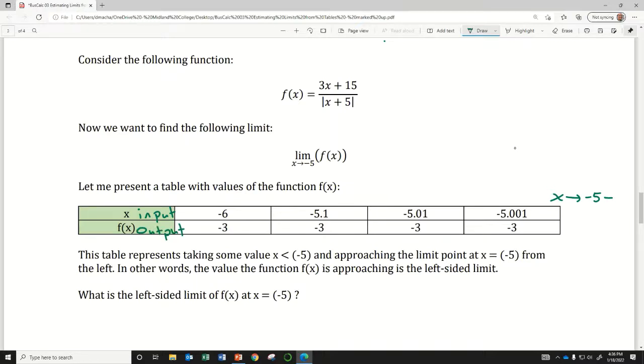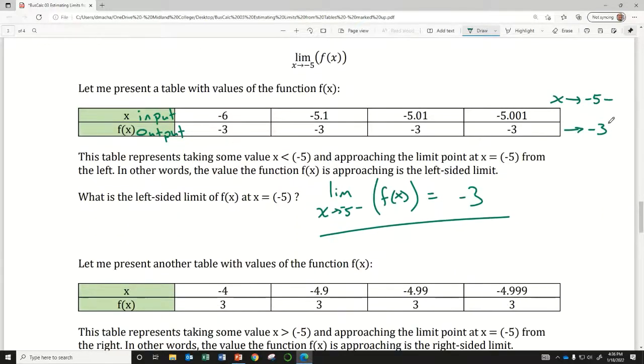Well, every one of those output values is negative 3, so I think it's fair to say that we approach negative 3. In other words, the limit as x approaches negative 5 from the left side of this function is negative 3. It's my left-sided limit.